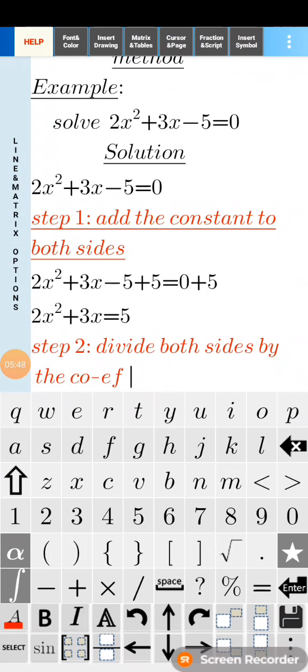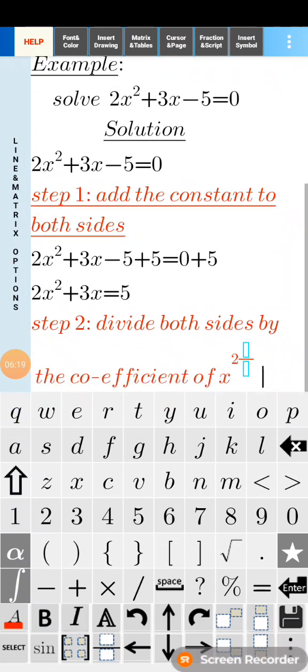So divide both sides by the coefficient of x squared.